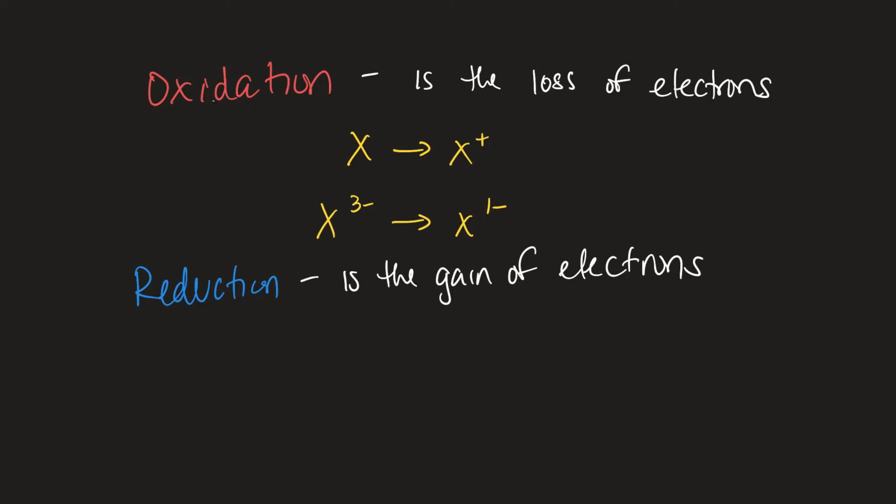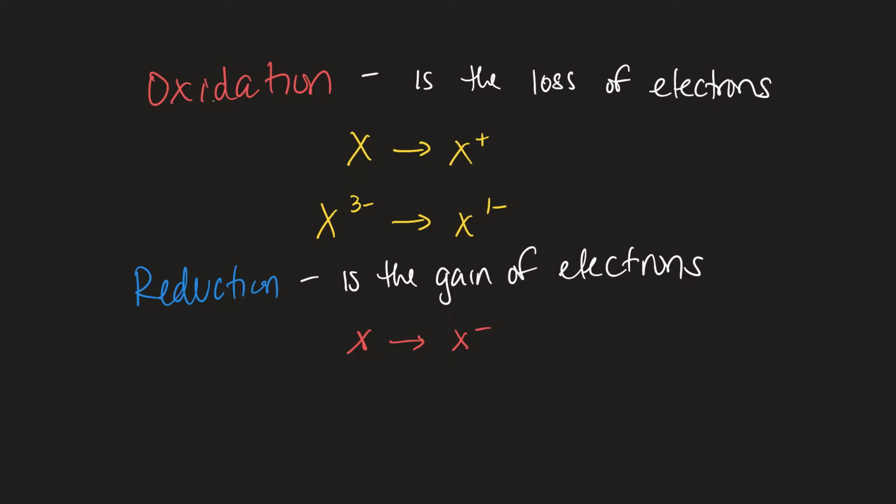Now reduction is when a substance or an atom gains electrons. So here we have X, and if it becomes more negative, then we know that that substance has been reduced. It has undergone reduction.